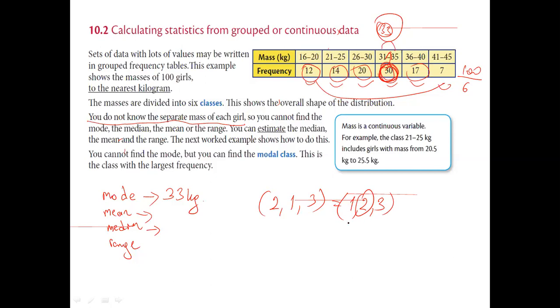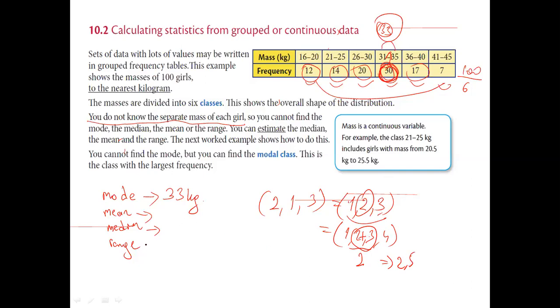But with even numbers, for example 1, 2, 3, 4, what's the median of this set? What was the answer, if you remember? We take the 2 middle values, add them and divide by 2. 2 plus 3 is 5, divided by 2 is 2.5.